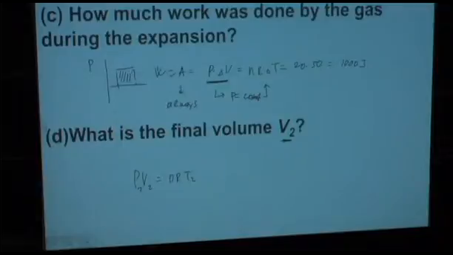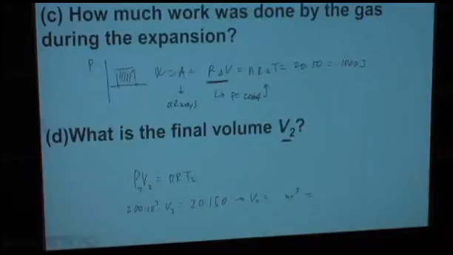And of course, the last question, again, just a straightforward application of the ideal gas law. The pressure is the same, so still 200 kilopascals. The volume, that's what we're looking for. This product is still the same, and the temperature has been calculated, 150. So we can solve it. Meters cubed.